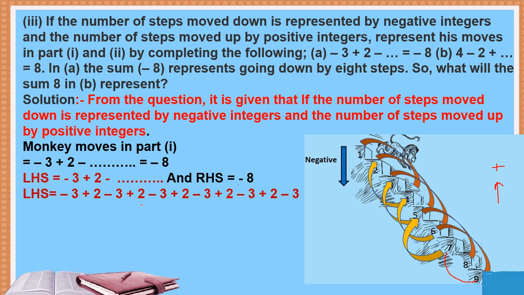We have to write it here. So minus 3, 6 times becomes minus 18, addition of negative numbers, and 2, 5 times we have to add 2, that is positive 10. So minus 18 plus 10 becomes minus 8 here, and this minus 8 is given on the right hand side.